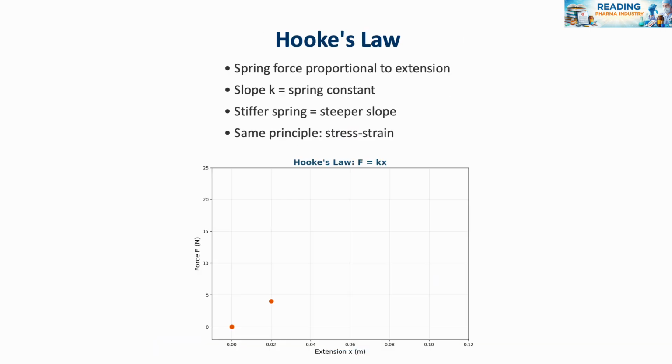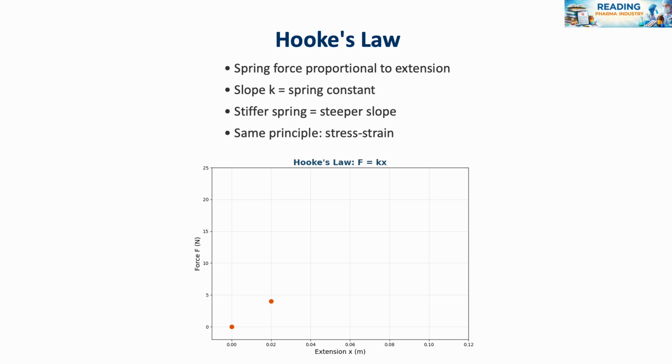Let's see here a classical linear example, which is Hooke's law. When you stretch a spring, the force you apply is proportional to the extension. So if you plot the force versus extension, you should get a straight line.